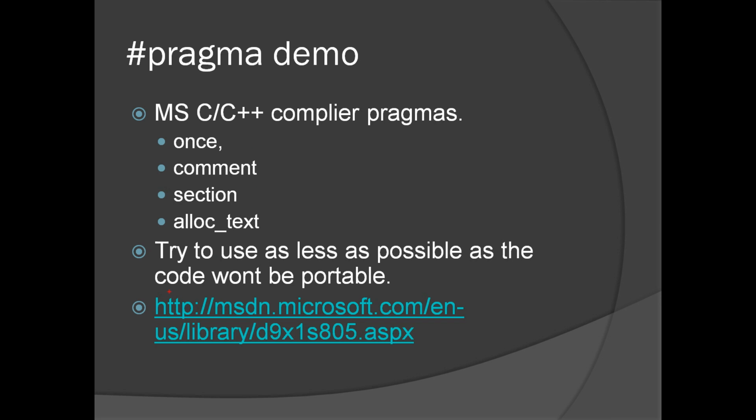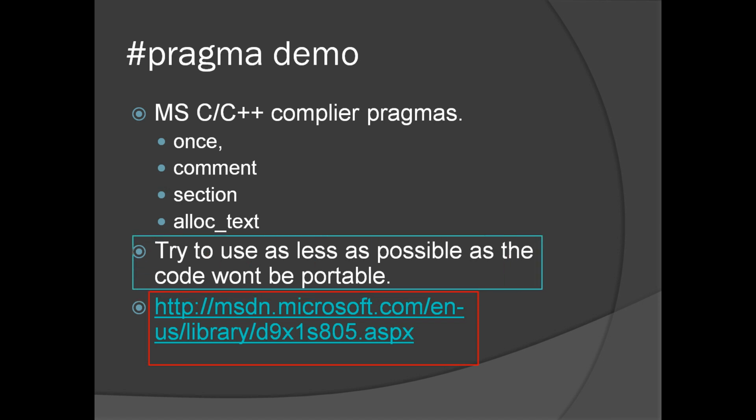To see what these hash pragmas do, I would recommend you to visit the documentation of the Microsoft C compiler. This is the link to that documentation at the time of this presentation, or you can search in a search engine for hash pragma Microsoft compiler or hash pragma GCC to get the compiler-specific information.